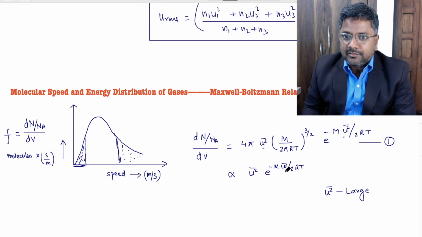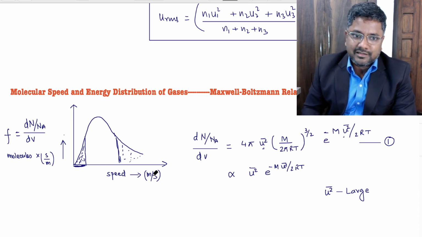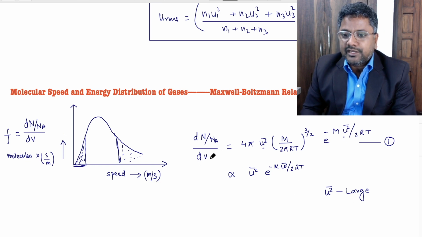This term is an exponentially decaying term, so this value is very small, and multiplied with this large value, again you will get a very small value. So if this is large, the fraction of molecules having unit speed, per unit speed, is very, very less.